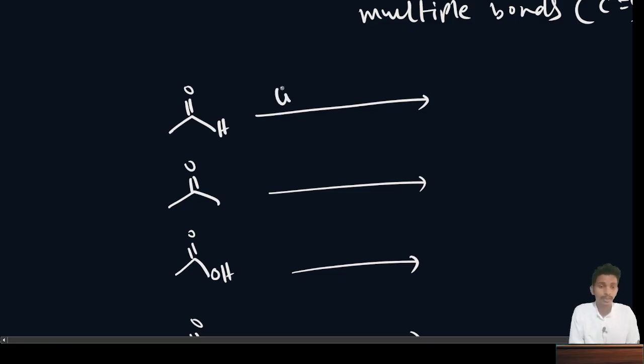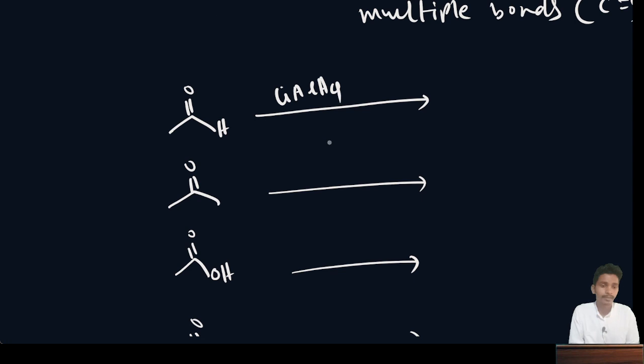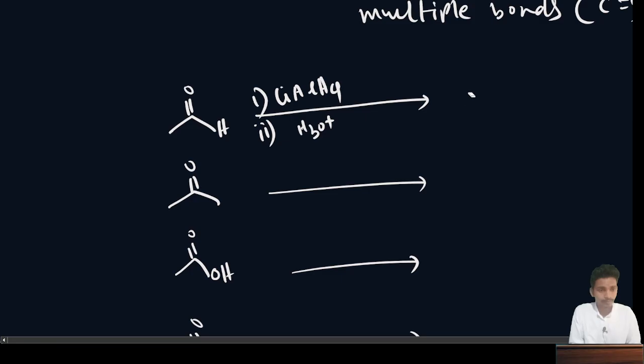Okay, so if you take lithium aluminum hydride and then hydrolysis, what will we get? If it is an aldehyde, we get a 1 degree alcohol. If it is a ketone, we get a 2 degree alcohol.